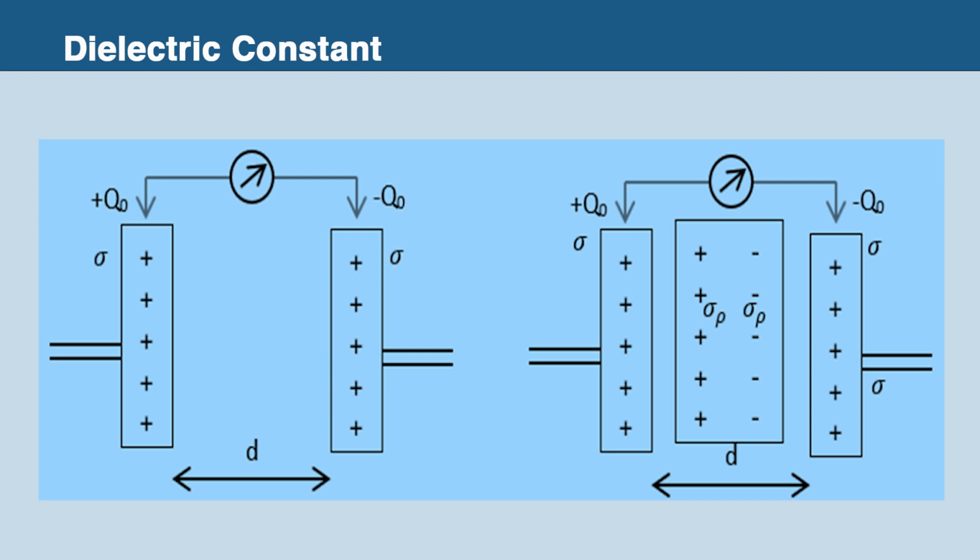This results in the overall electric field being weaker compared to the situation without the dielectric, and this is the 3D diagram of dielectric constant.